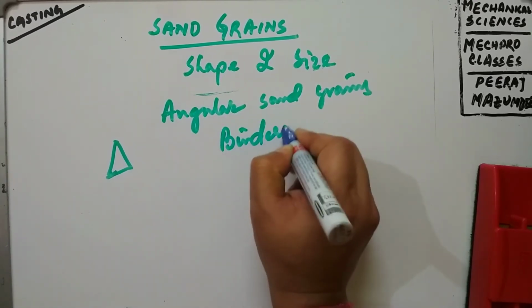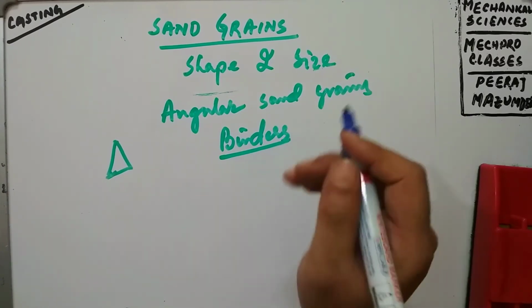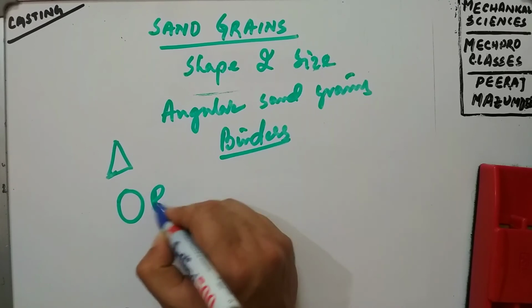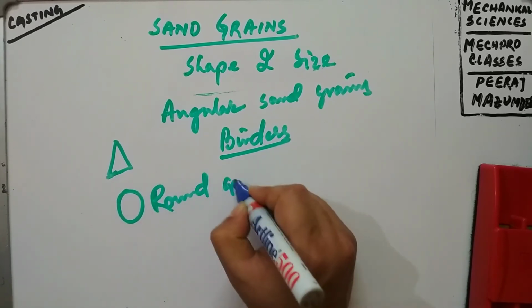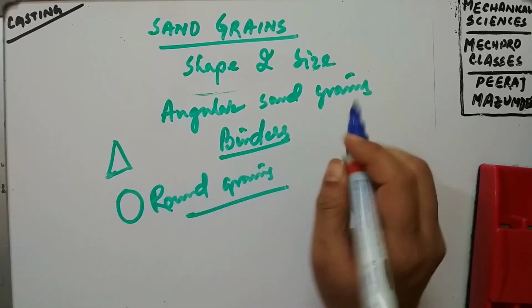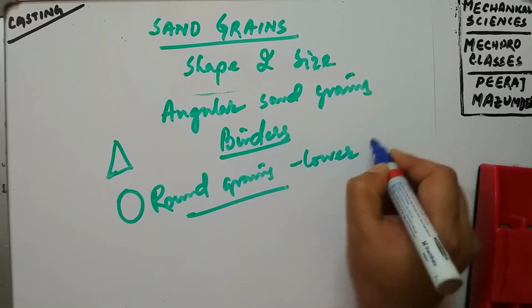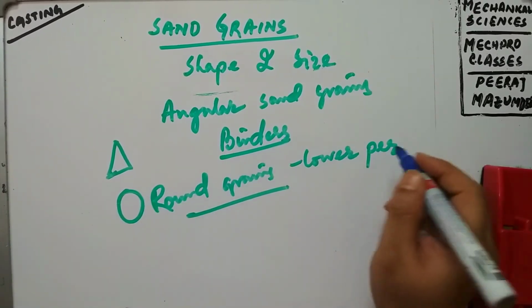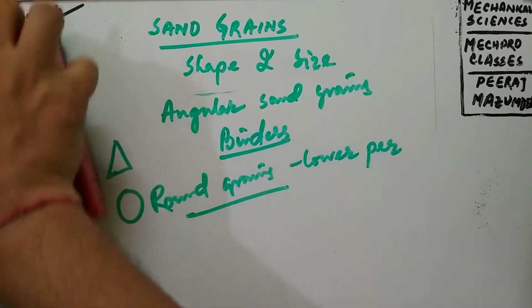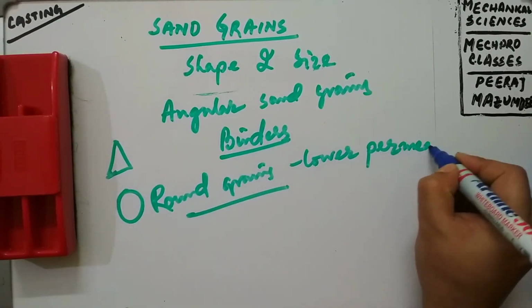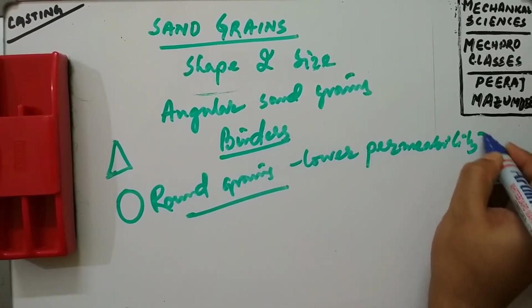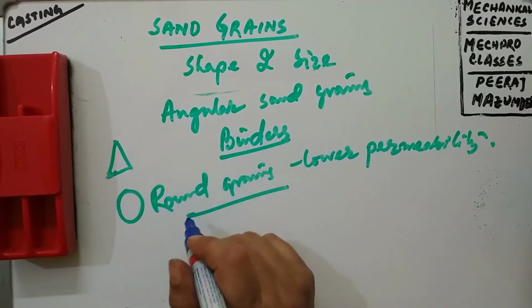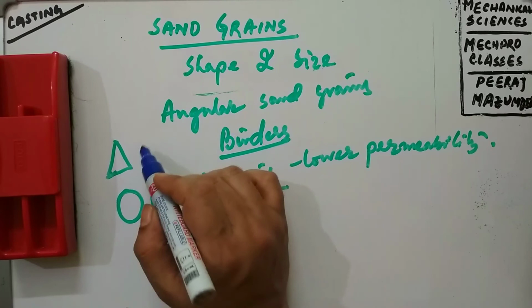And the round grains would have lower permeability, because they do not have void spaces between the grains. So you can write having lower permeability compared to angular grains, because of the irregular shape of the angular grains.